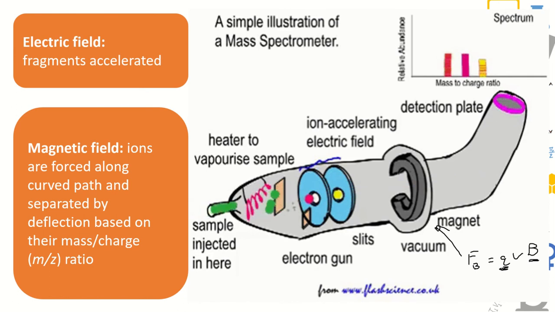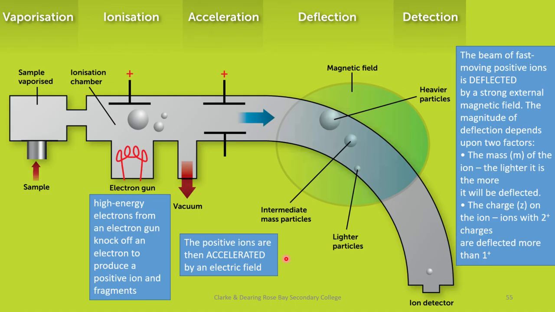The main thing that's going to separate how much bend is caused on these charges will in part be the velocity of the charged ions once they've been accelerated by the slits. How much bend occurs is also partly related to the charge of the particle, or the ion, and their overall mass as well.